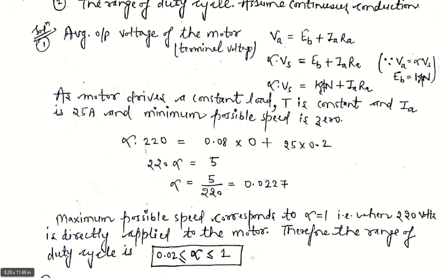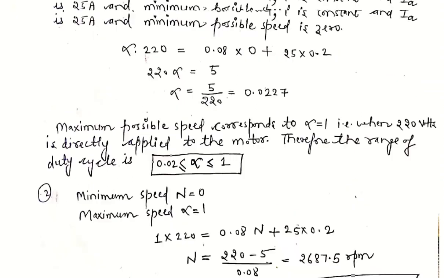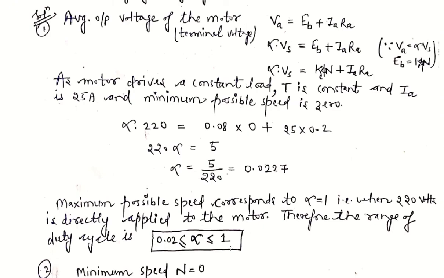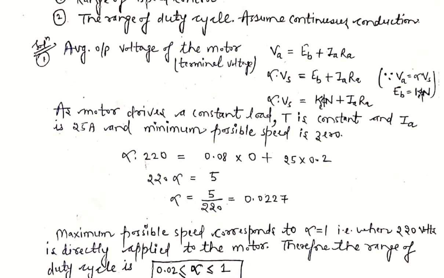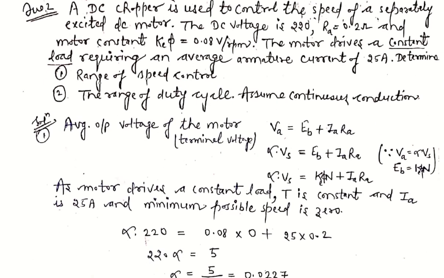So the range of duty cycle is finally 0.0227 to 1. This is the range of speed control by this chopper operation.